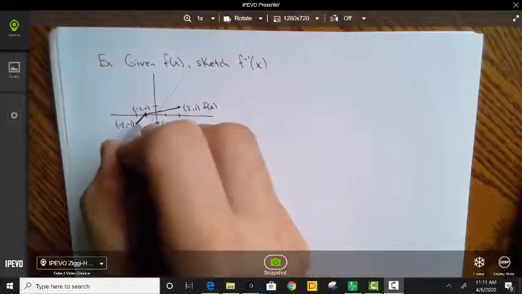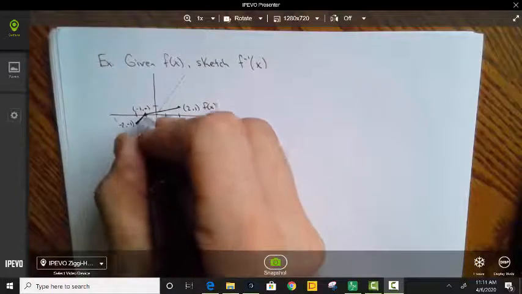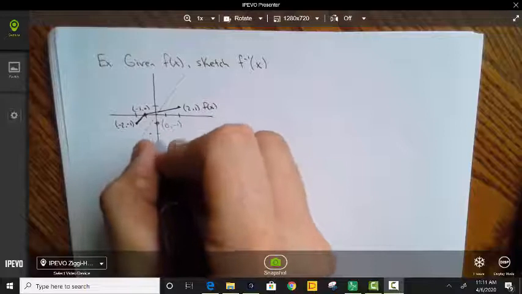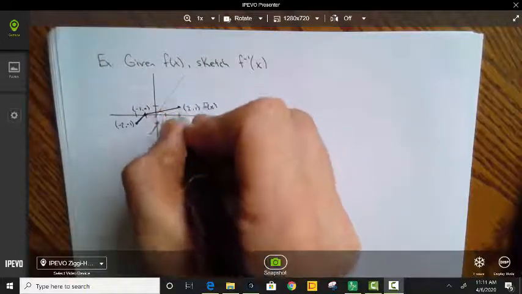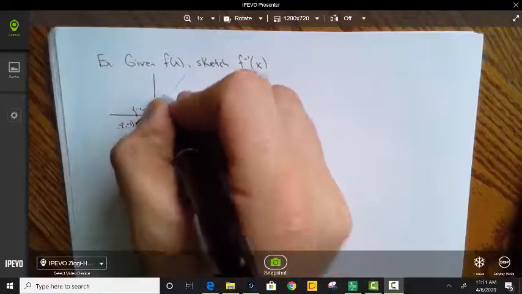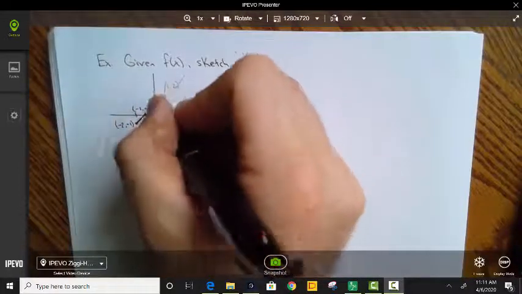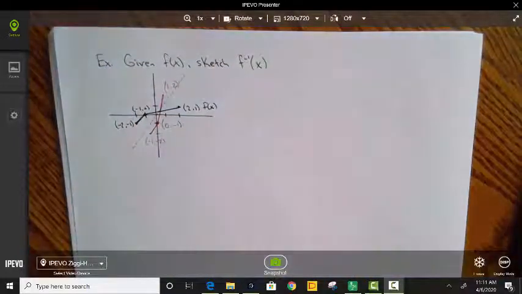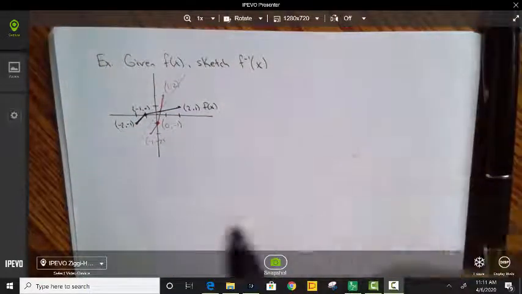This point, which is at (-2, -1), is going to be on the opposite side of the line, at (-1, -2). And this point, which was at (2, 1), is going to be on the opposite side of the line at (1, 2).